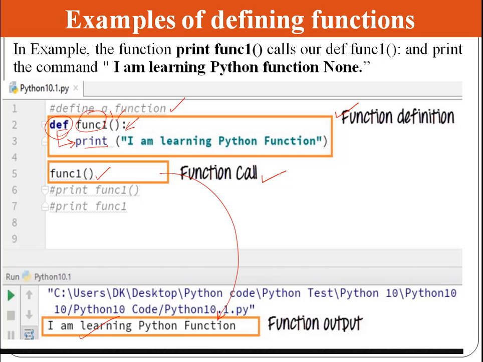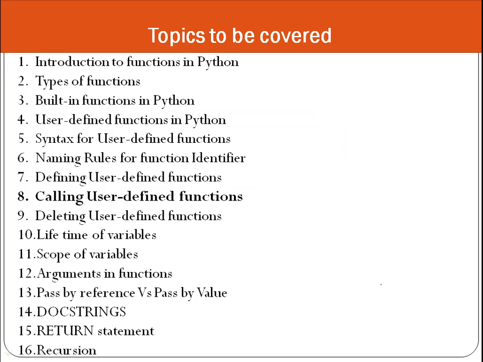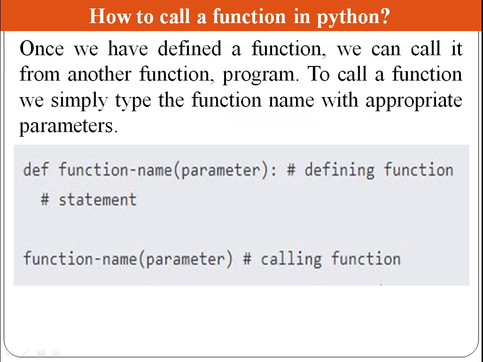Then how can you call user defined functions? Once we have defined a function, we can call it from another function or a program. To call a function, we simply type the name of the function with appropriate parameters. This is the definition of your function, in which this is the keyword, this is the name of the function, some parameters to be passed, colon, and then the body of the function.